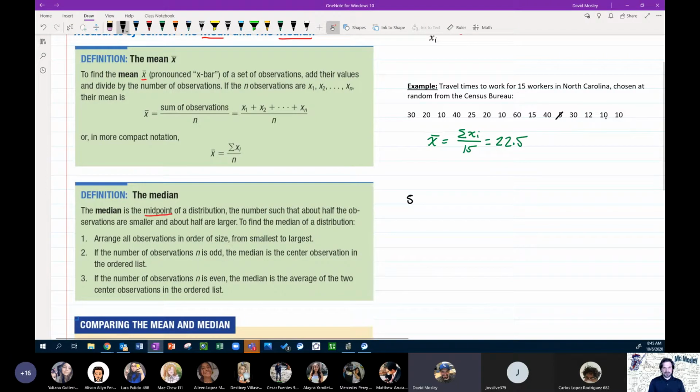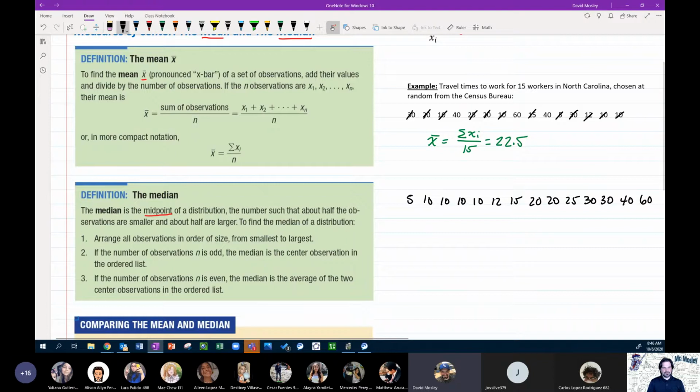So we have 10, 10, 10, 10, 12, 15, 20, 20, 25, 30, 30, 40, 40, and 60.